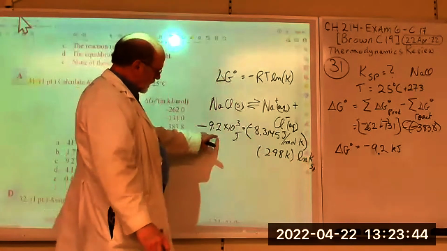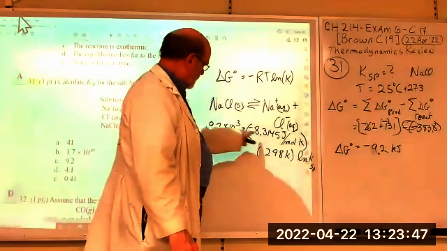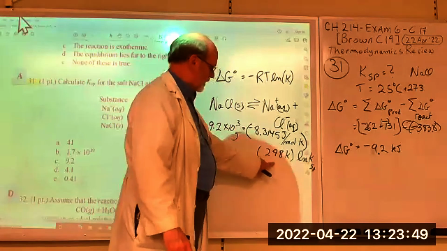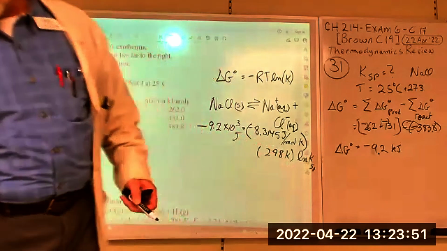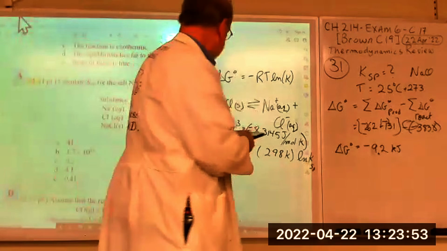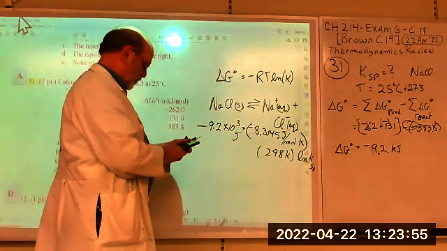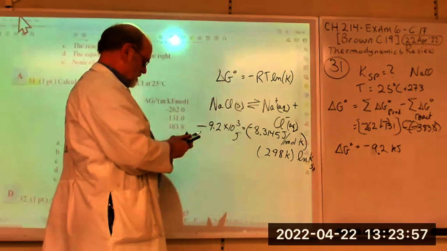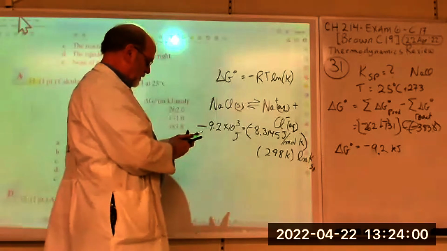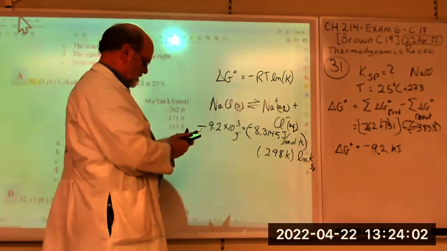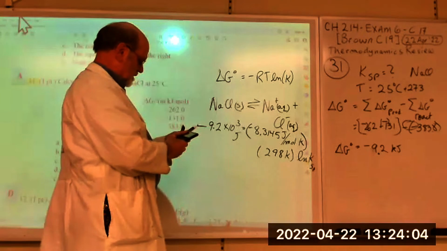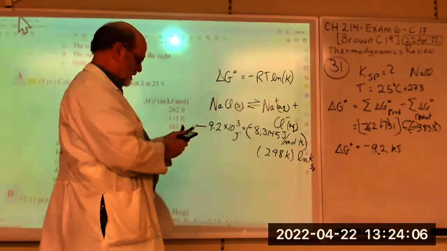So what do we need? We need this one divided by that one, divided by that one. So 9.2 exponent 3. Let's change the sign.